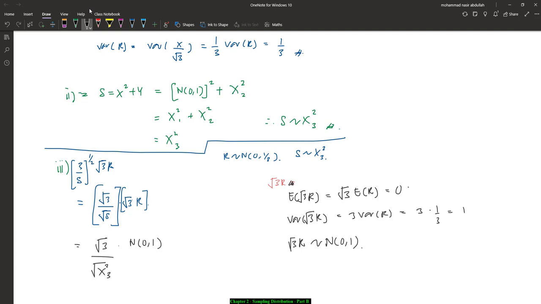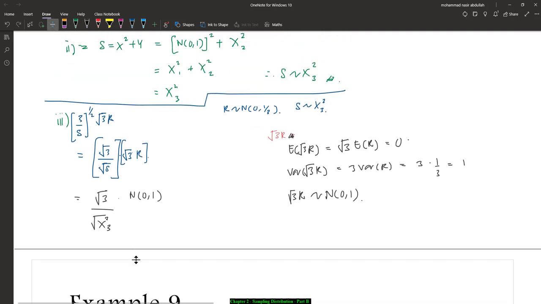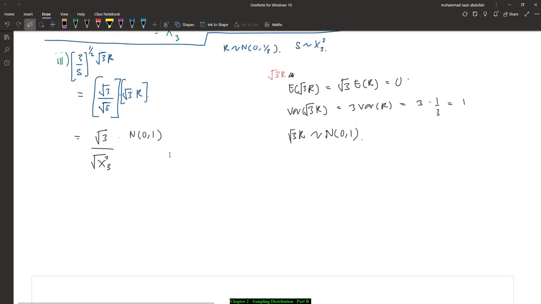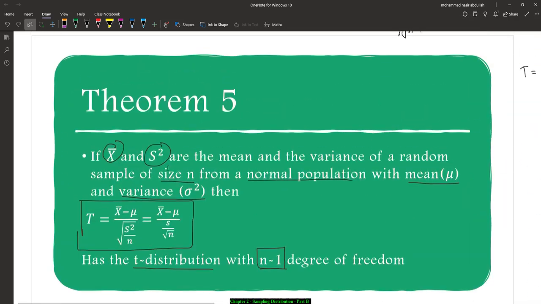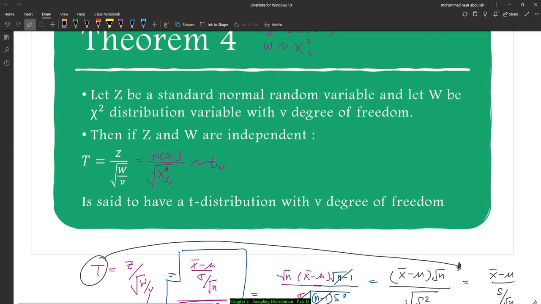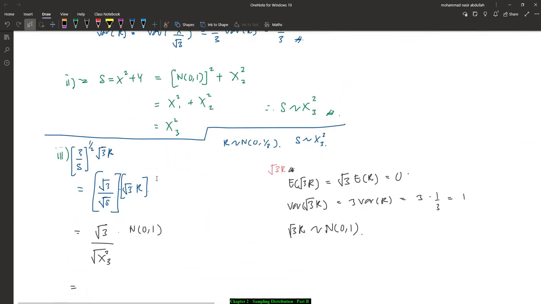Right? So if we expand, we try to expand and make it look like in theorem number 6. I think theorem number 5. No, theorem number 4. Let's look at theorem number 4, it's easier.